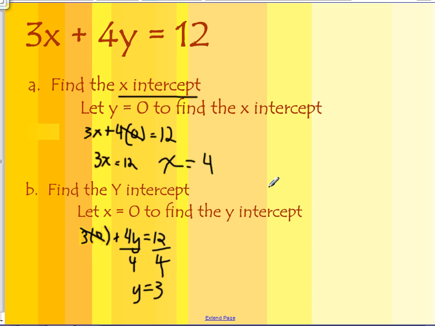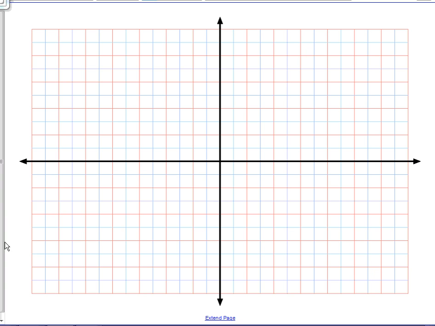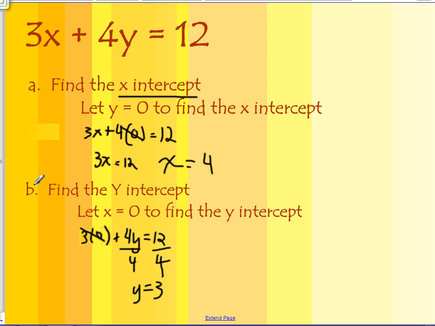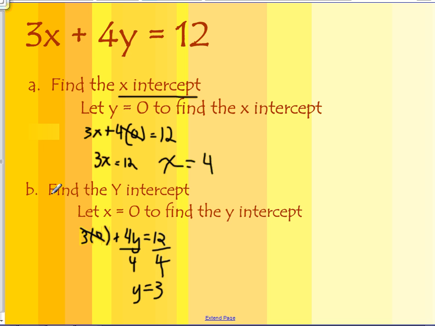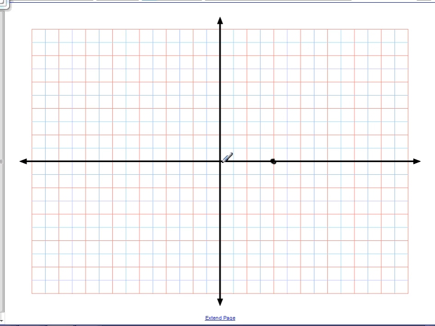So I can use this information to actually graph my equation. So if I were to look at how to graph it, I know that my x-intercept is 4. So I'm going to go over on my x-axis, 1, 2, 3, 4. All right, I'm going to make a dot. My y-intercept is at 3, so I'm going to go on the y-axis, 1, 2, 3.